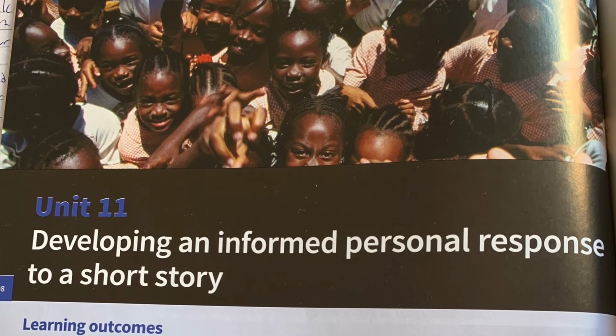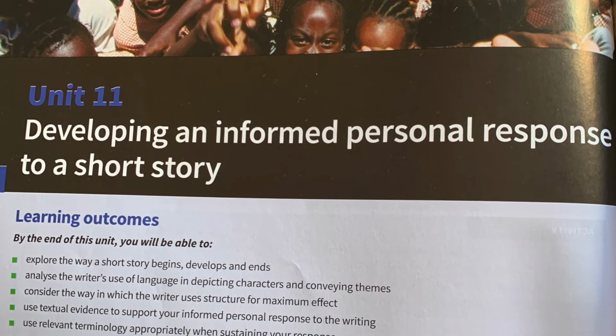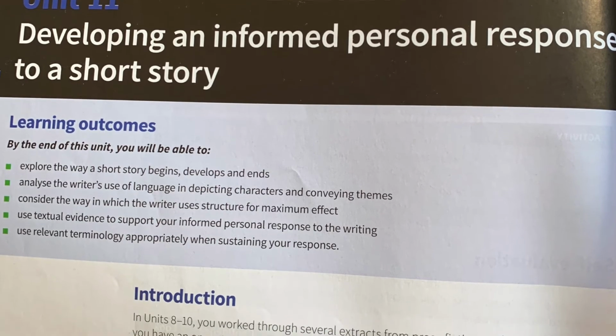Since your exam score will be marked based on your ability to personally respond to the text, it's really important to look here at this unit very carefully and to try to make sure that you have a strong understanding of all of the different tools that are used in this unit.